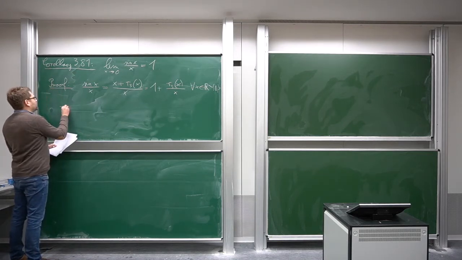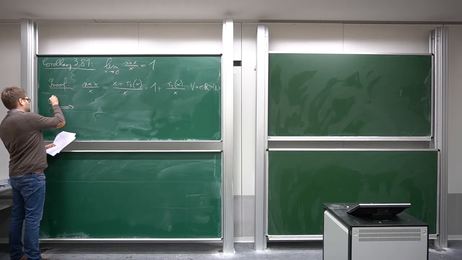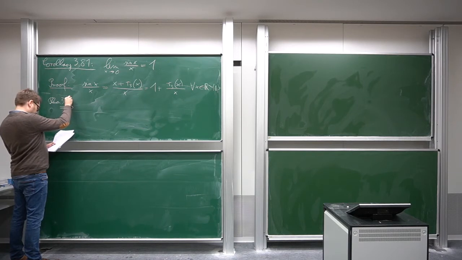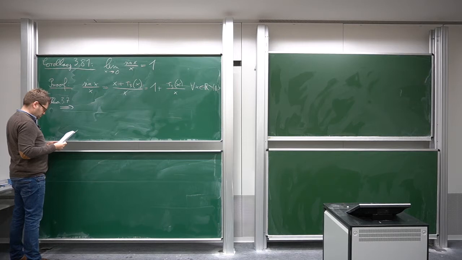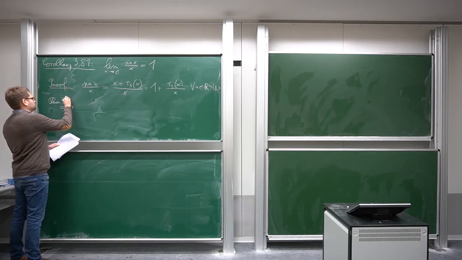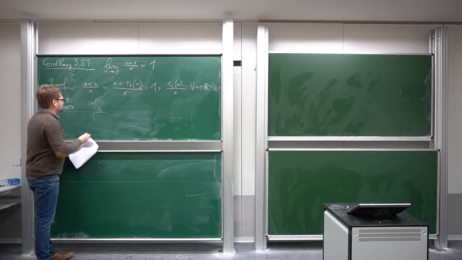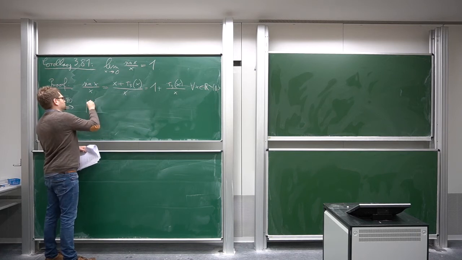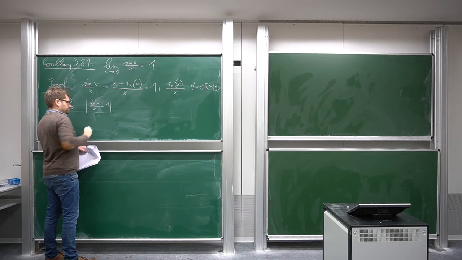Namely, we get now by Theorem 380, sorry, by these remainder estimates, if we now use this computation, we take sine x divided by x minus 1.